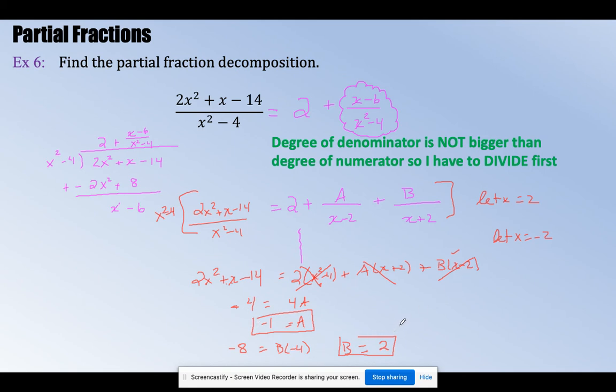Good. So now go back up here. Two plus a was negative 1, so you could write minus.